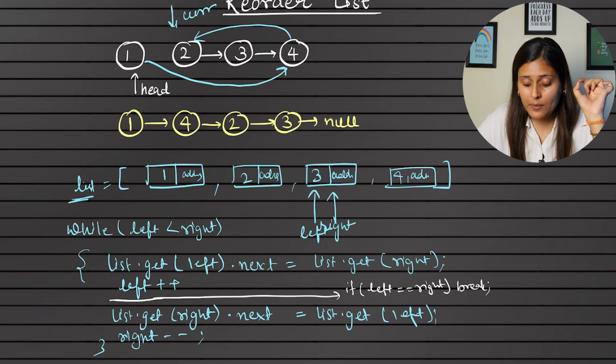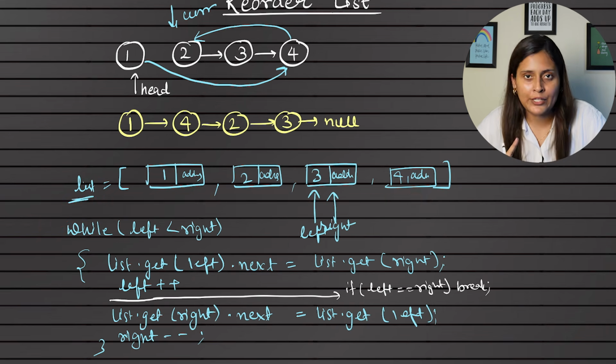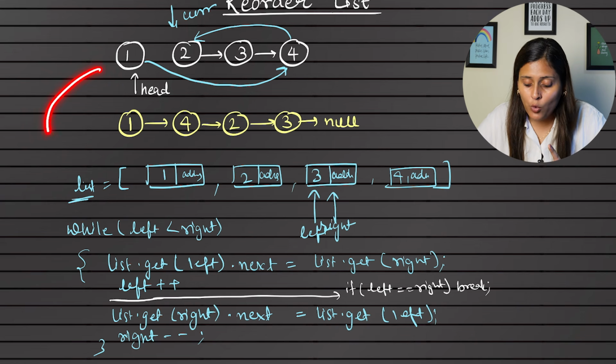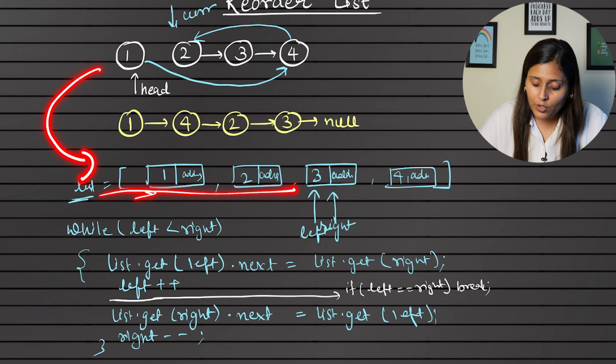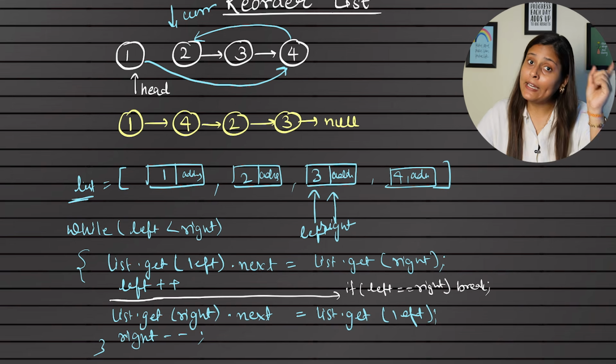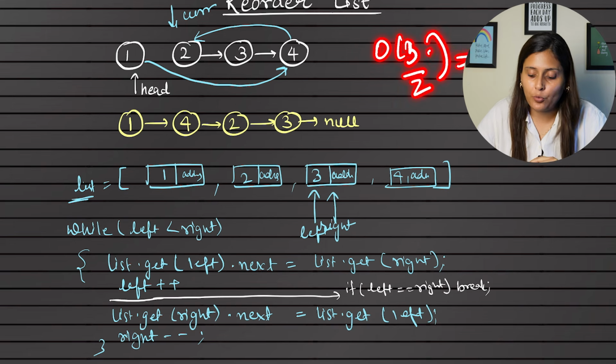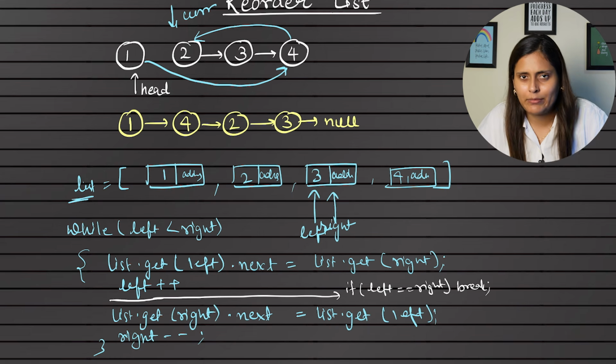So we have now made that statement true and played with the nodes instead of values. So this will still be the brute force code. Time complexity was O of n to read the values, then further O of n by 2 to connect and disconnect. So earlier with the values it was O of 5n by 2, and here it will be O of 3n by 2, which is obviously better, correct?